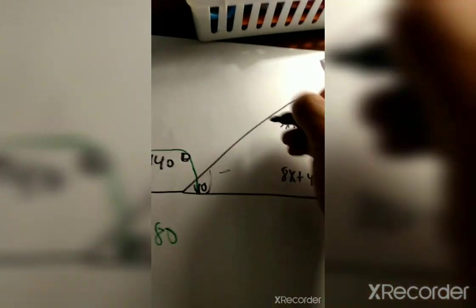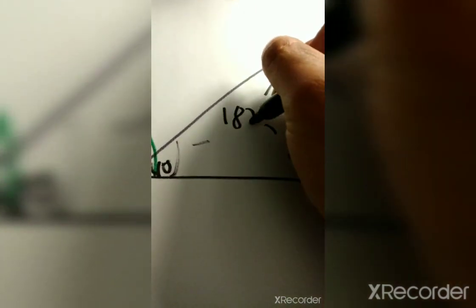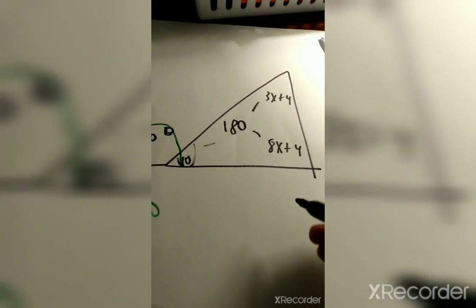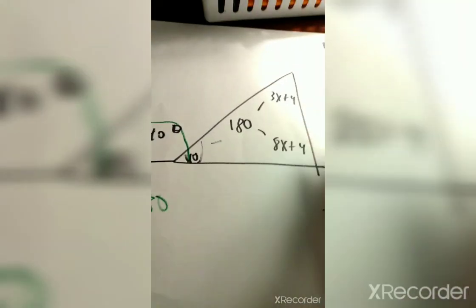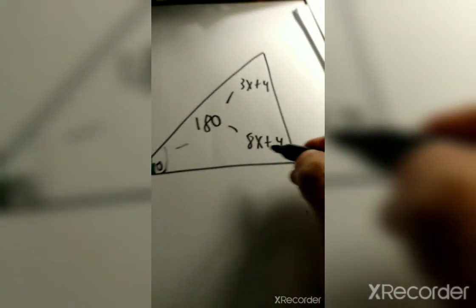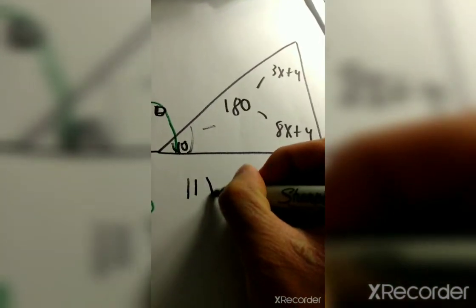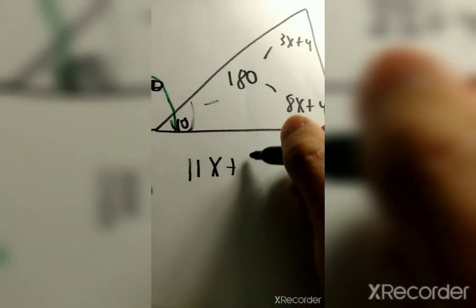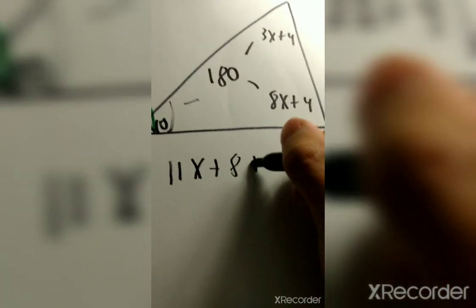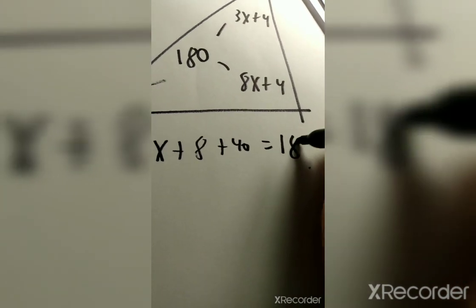So, this, that, and that equal 180 degrees. What we're going to do is add up all these and simplify to see what x represents. Our equation would be 11x plus 8 plus 40 equals 180.